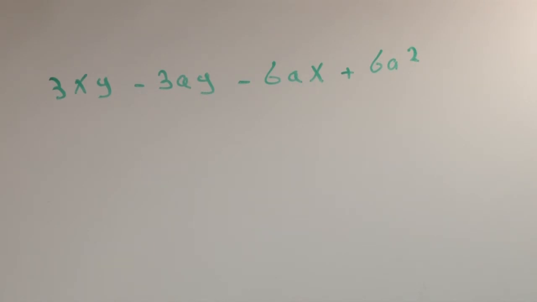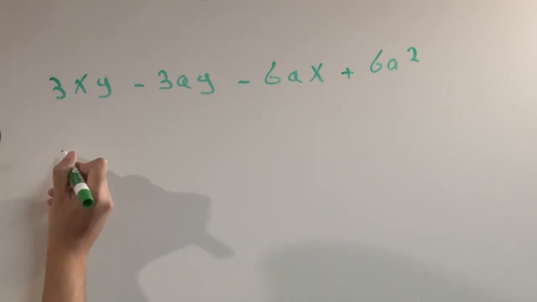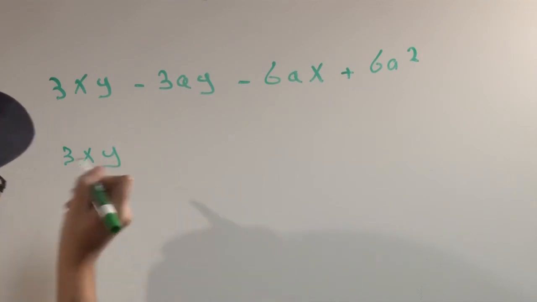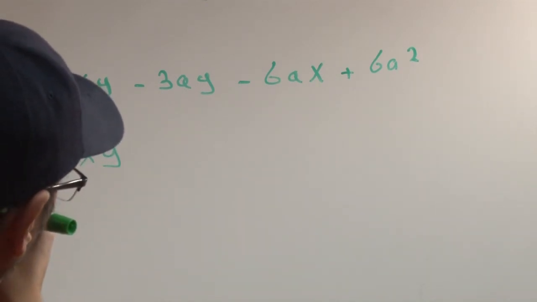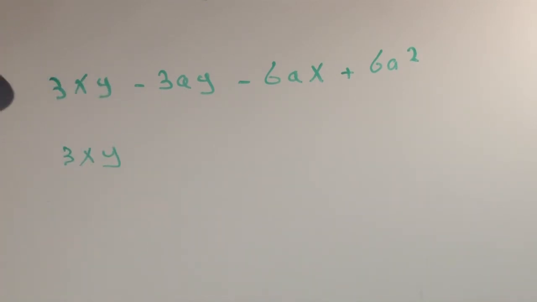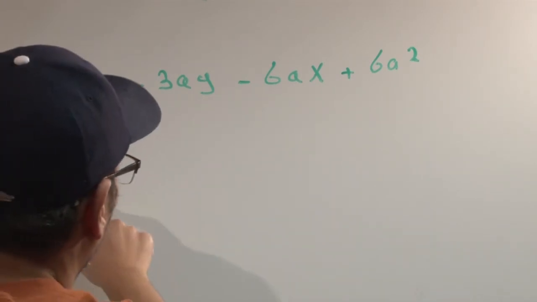Okay, let's check that. First of all, I need to group two groups of two terms. So I'm going to take 3xy. I want another one so that I can get a greatest common factor with that one.